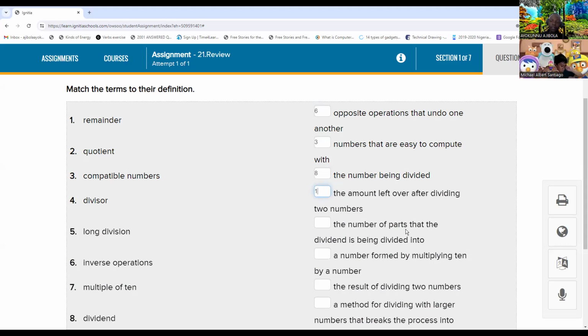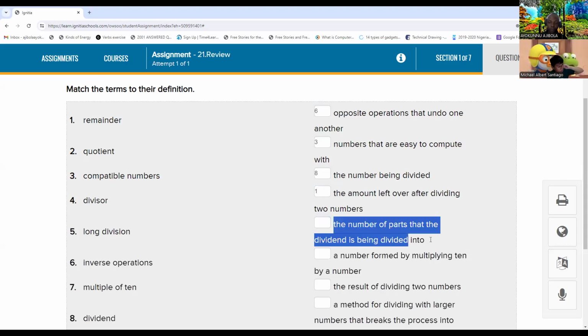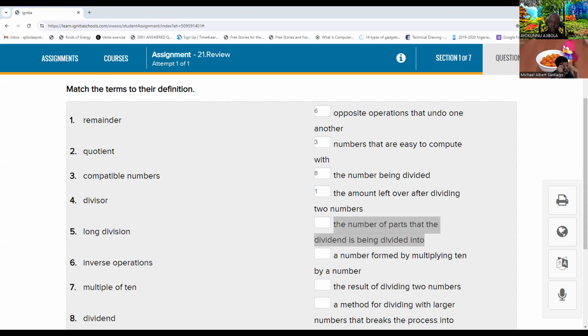The number of parts that the dividend is being divided into is what? What's the answer to this? Divisor.